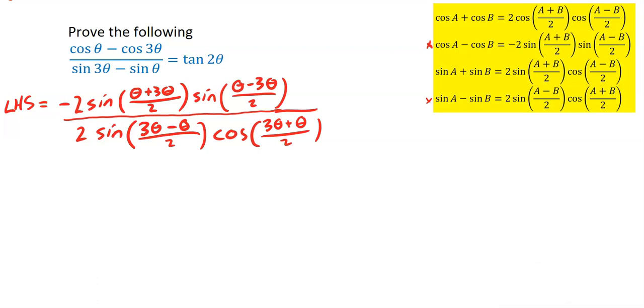So they were reversed top and bottom. Okay, from here, we can simplify that stuff, simplify that, simplify that, simplify that. Because this is all a product and this is all a product, I can also get rid of the 2's, cancel them out, and I'll just have a negative up the top.